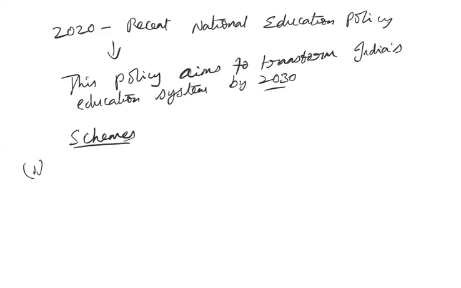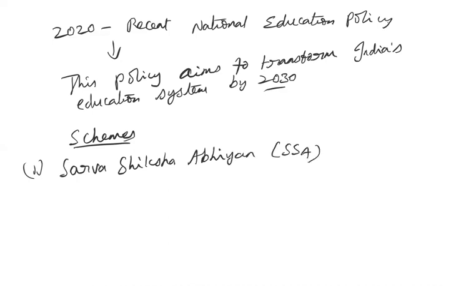One popular scheme is something called as the Sarva Shiksha Abhiyan. So this one was passed by the government in 2001. This is to provide universal elementary education, 6 to 14 years. So the target is by 2010, universal elementary education should be provided by the government.